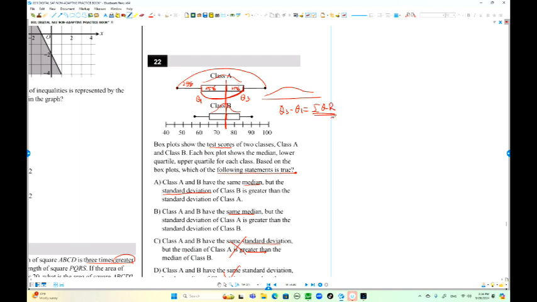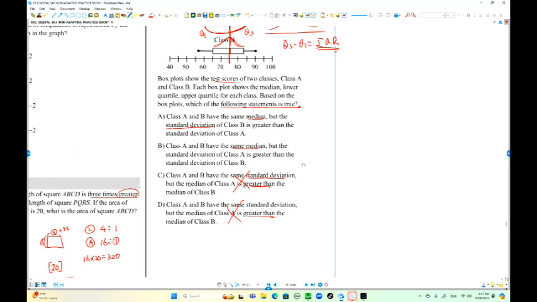This affects their standard deviation. This spread is longer than the other one, right? A lot of spread over here. This is small spread. So what's the answer? Class A is greater than Class B in standard deviation. So, choice B is the answer, okay?